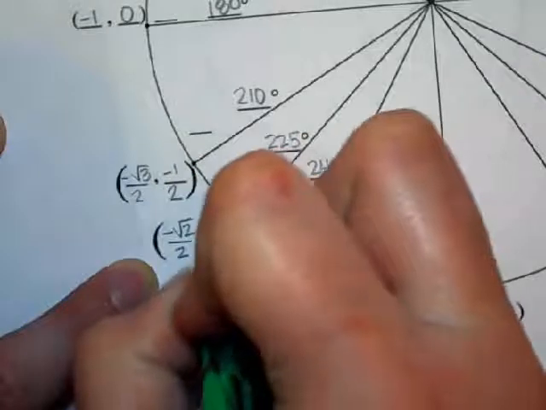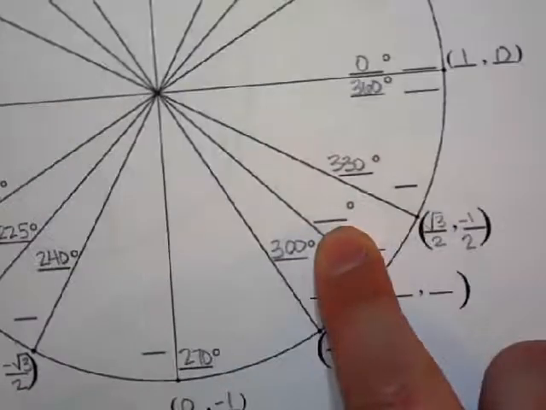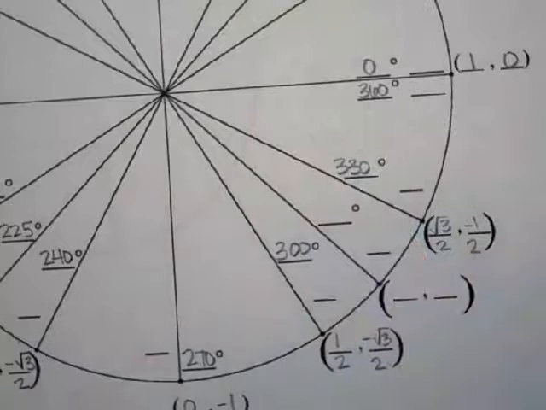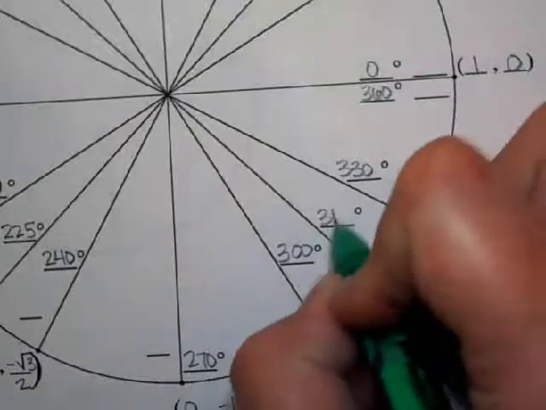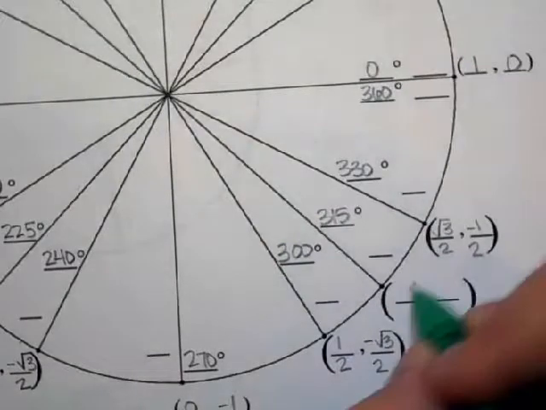Okay. What's in the middle of 300 and 330, or 15 degrees away, 15 degrees away? 315. And we're going to go right and down. So root 2 over 2, negative root 2 over 2.